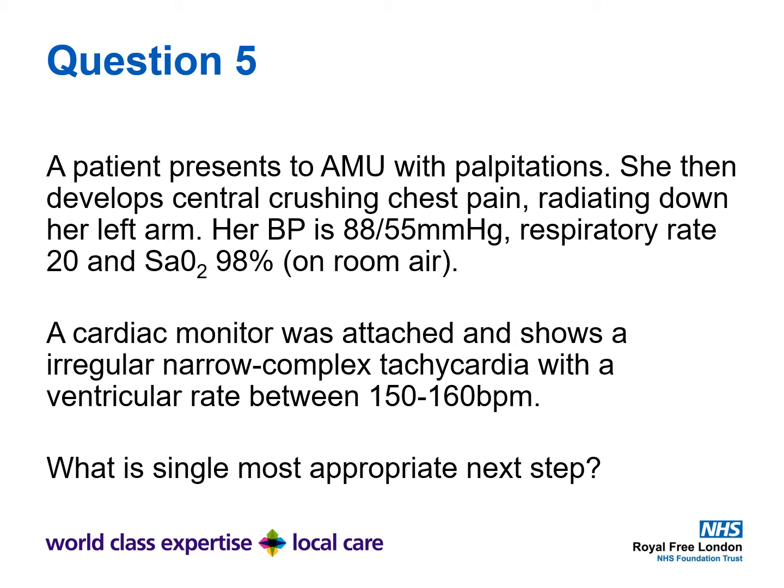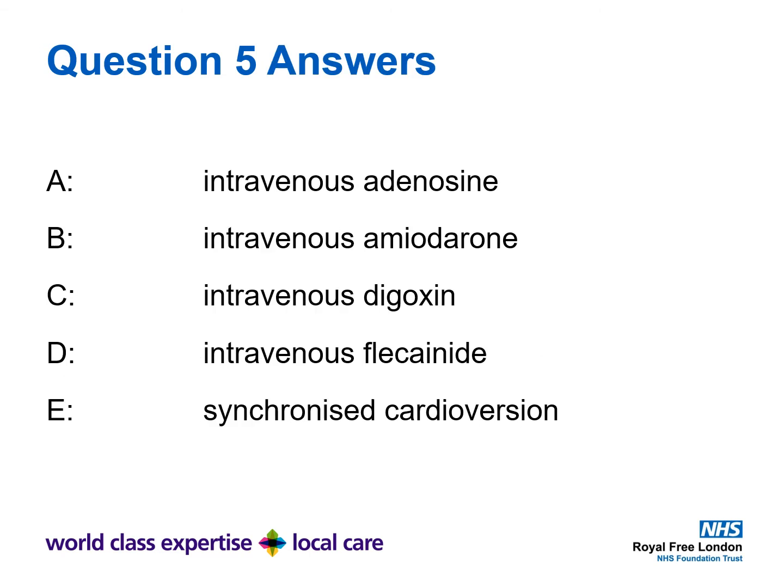A cardiac monitor was attached and shows an irregular, narrow complex tachycardia with a ventricular rate between 150 and 160 beats per minute. What is the single most appropriate next step? Is it A, intravenous adenosine, B, intravenous amiodarone, C, intravenous digoxin, D, intravenous flecainide, or E, synchronized cardioversion?